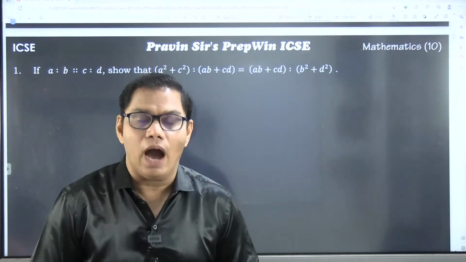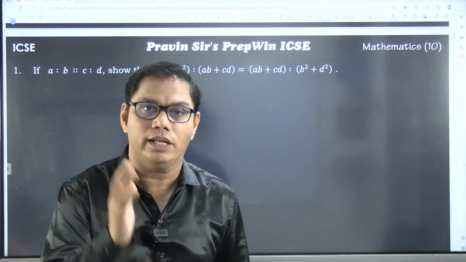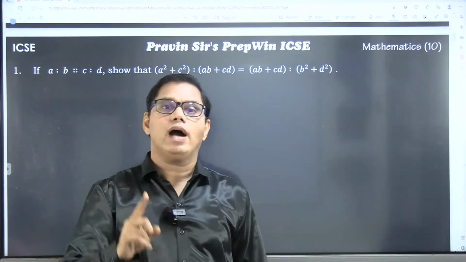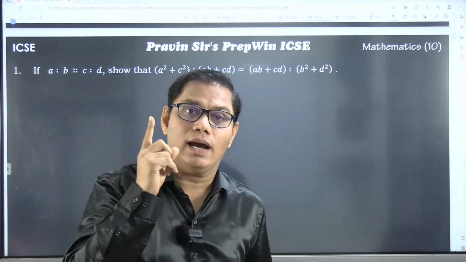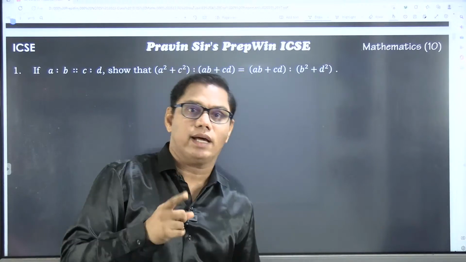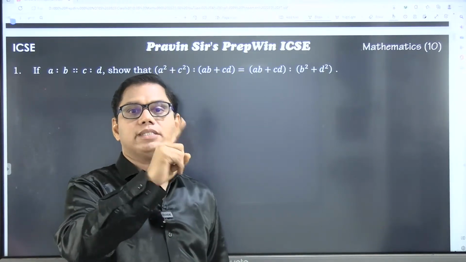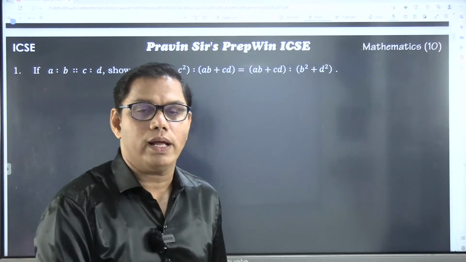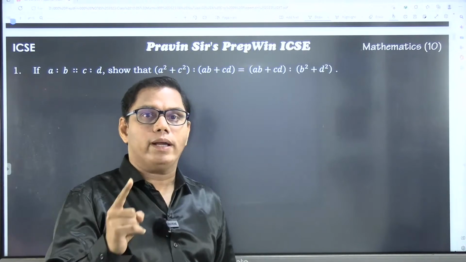And what if I tell you that all the sums from this chapter, this part proportion, we are going to solve with a single method? Master key is our funda: however many locks there may be, we have one key which we call the master key, and with it we will open all the locks.